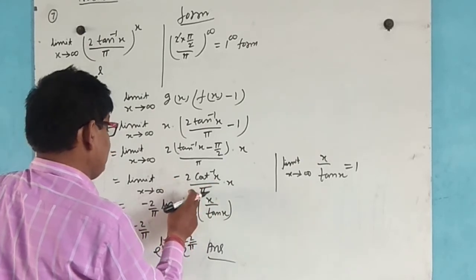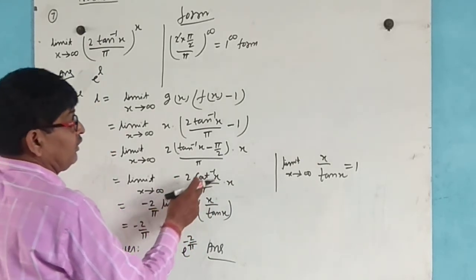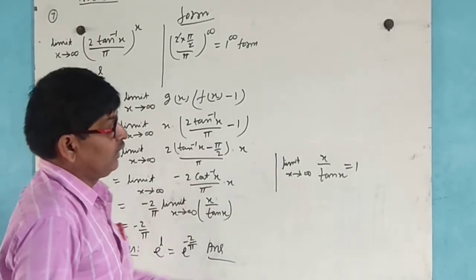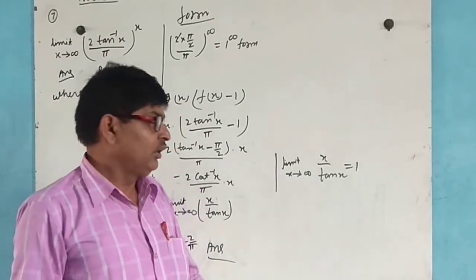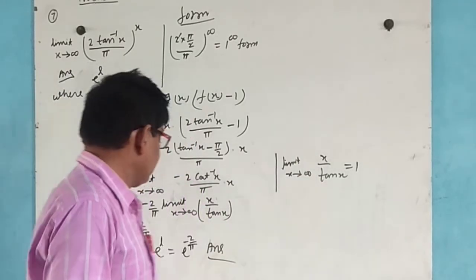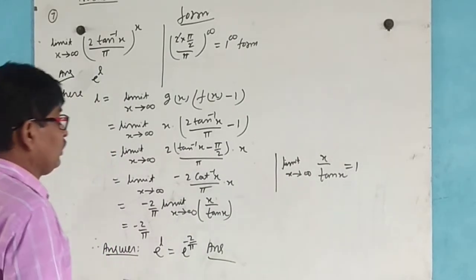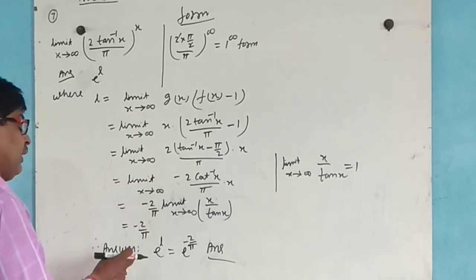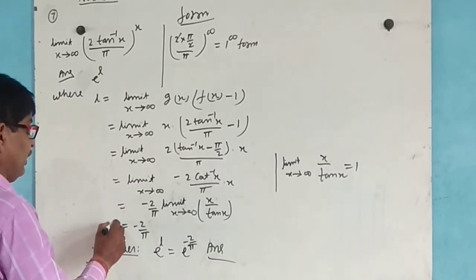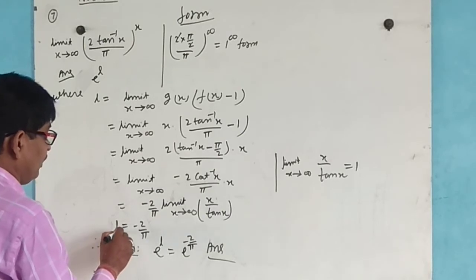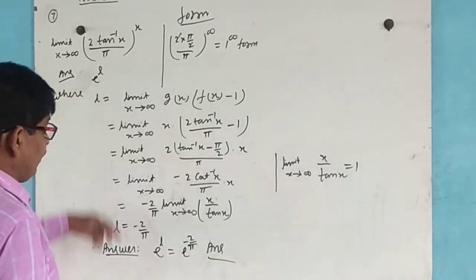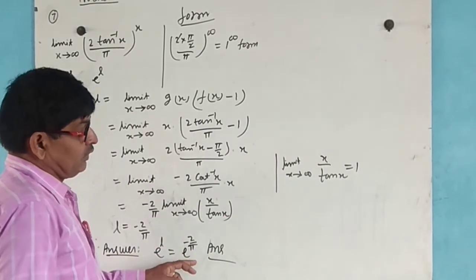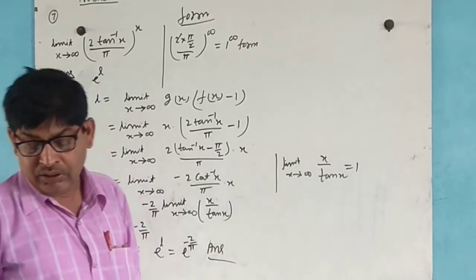Cot inverse x is equal to tan inverse of 1 by x, giving x. As we know, limit x tends to infinity, x by tan x equal to 1, so the value of this is 1, so minus 2 by pi is the value of L. The answer is e to the power L, so putting the value of L, e to the power minus 2 by pi. This is our final answer.